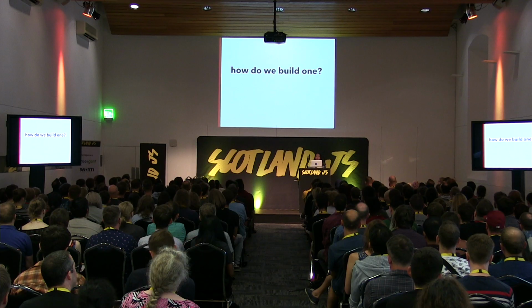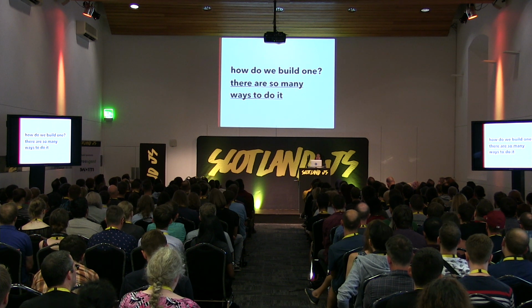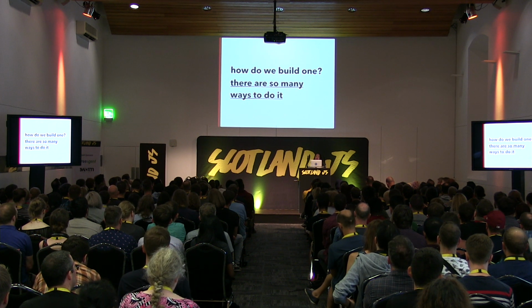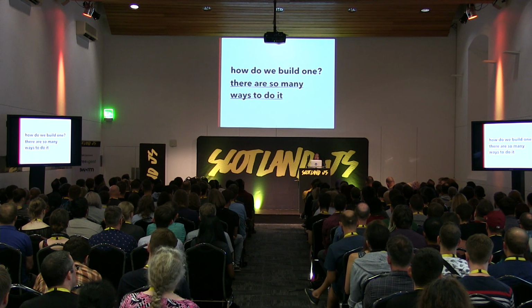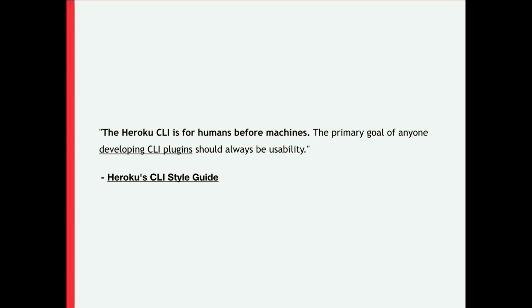So, cool, but the question is, how do we build one? With Node.js, there are so many ways to do it. The first time I was trying to build one, I was so overwhelmed because there were just so many choices. But before I get into that, I found something really cool from the Heroku CLI style guide. I think this is very important. It says that the Heroku CLI is for humans before machines.